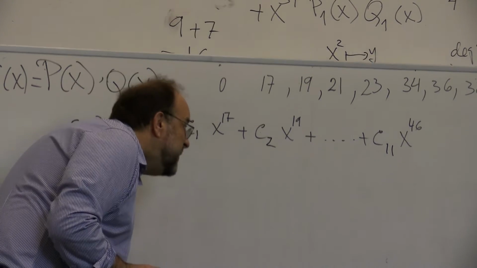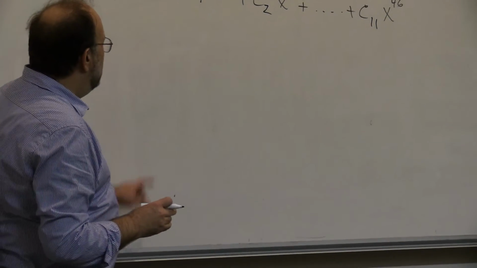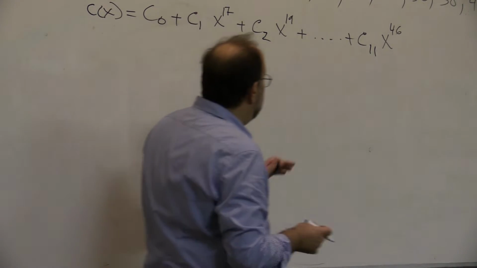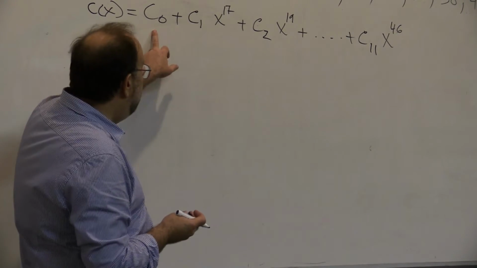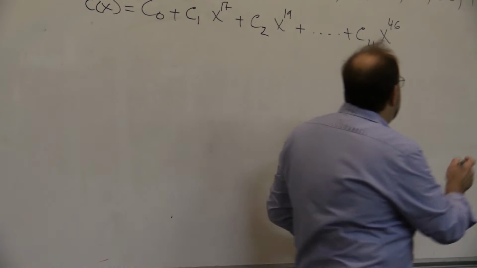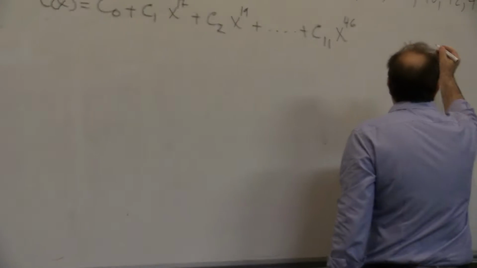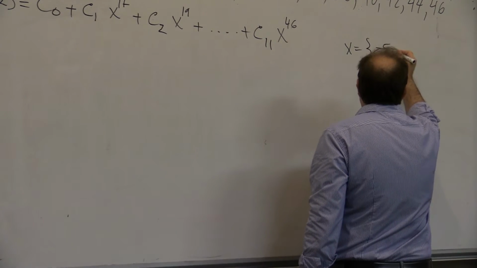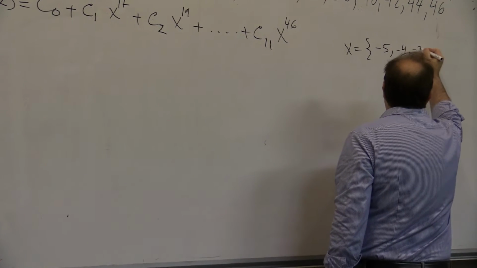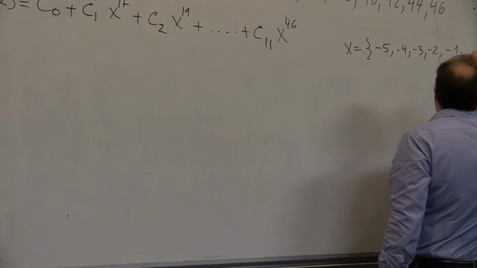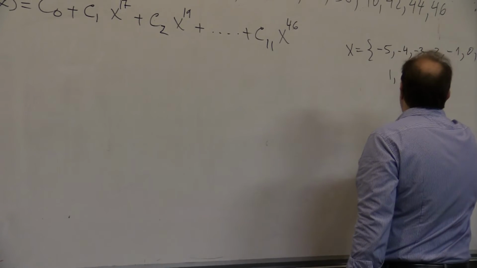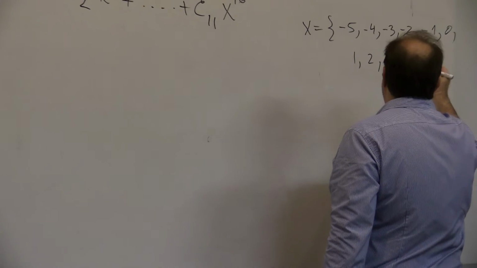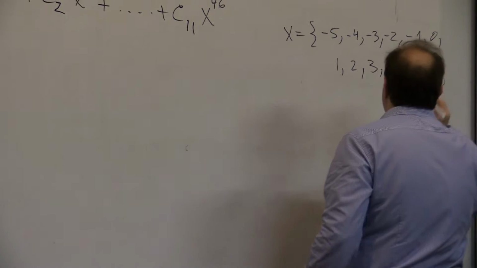So how do we get these coefficients? Well, we could in principle compute 12 different values. So maybe for x from, say, -5, -4, -3, -2, -1, 0, 1, 2, 3, 4, 5, that's 11, and 6, right?